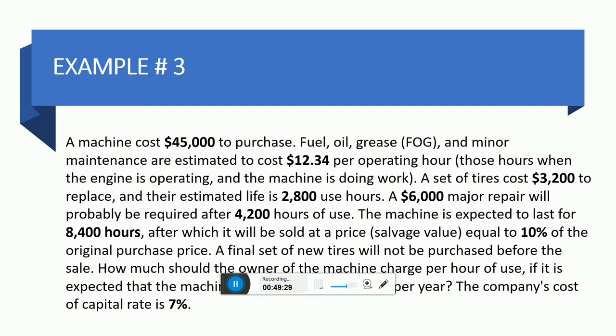So the first thing we need to find out in this example is the total life of this machinery with the owner, or usable life of this machinery. As we have the total operating hours of 8400 hours, and we have 1400 hours per year, if we divide 8400 by 1400, we will get the number of years.